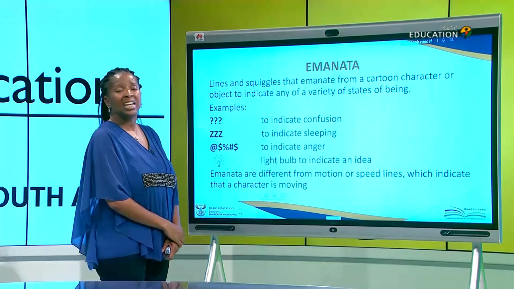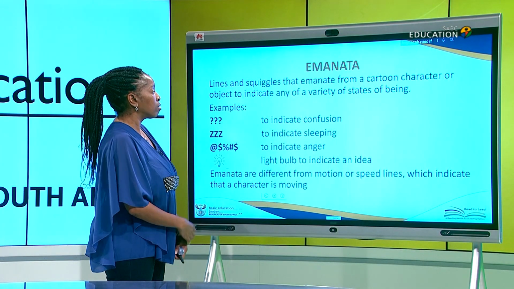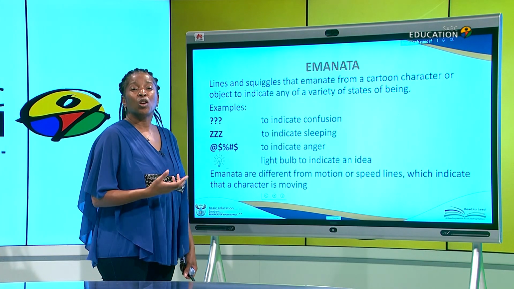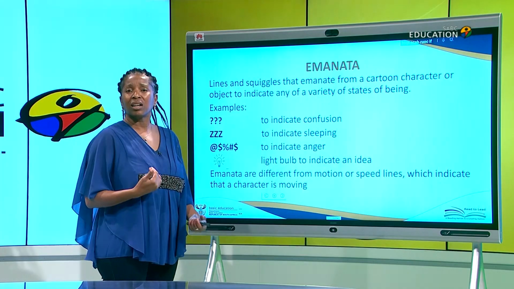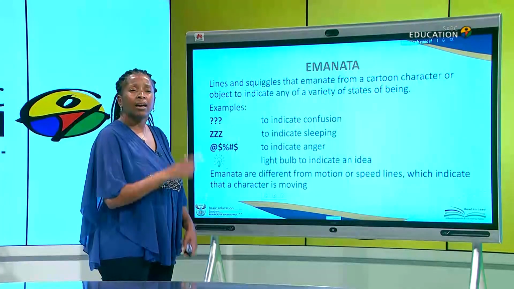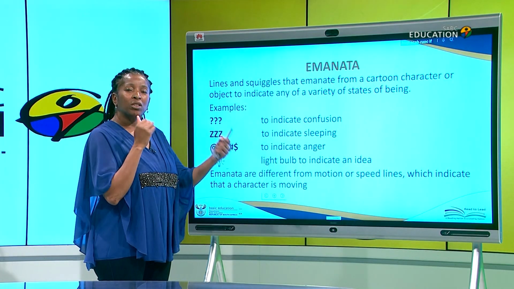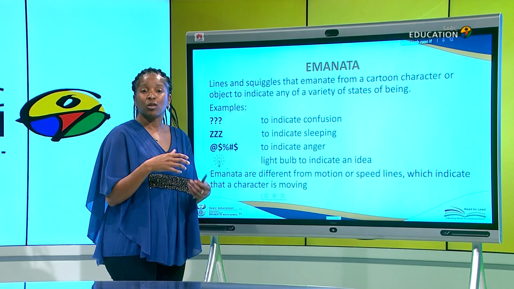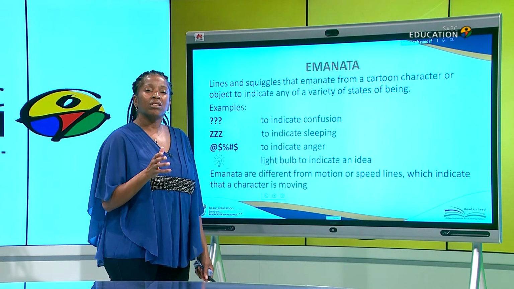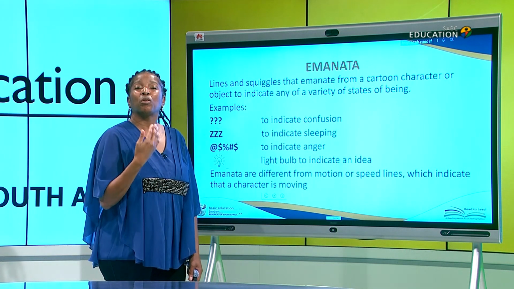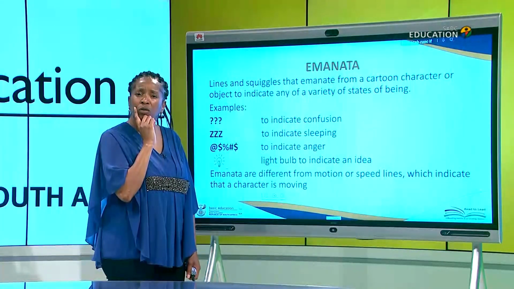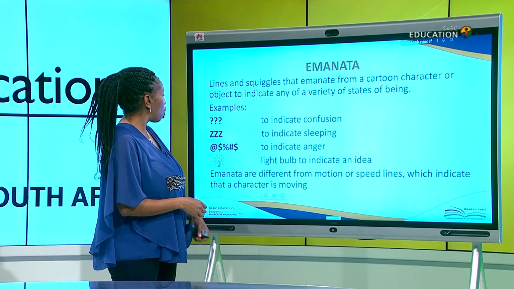The first one is the question mark. A question mark may be used to show confusion or tension or anxiety. So if somebody has a question mark on their head, obviously I can't have a question mark now because I'm real, but if my face had to be drawn, the question mark would be on my head to suggest that I'm confused and I want to understand more.